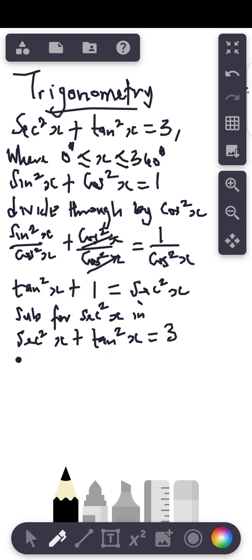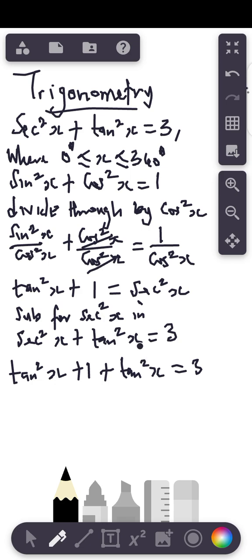Now let's substitute for sec squared x. And sec squared x in our equation here is tan squared x plus 1. Then we have plus tan squared x equal 3.